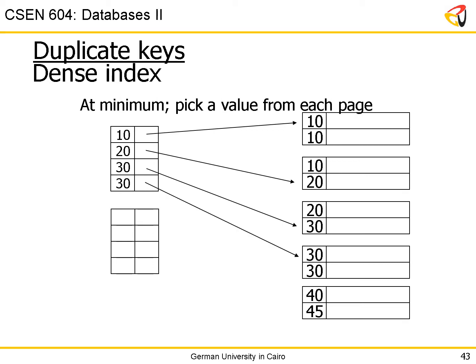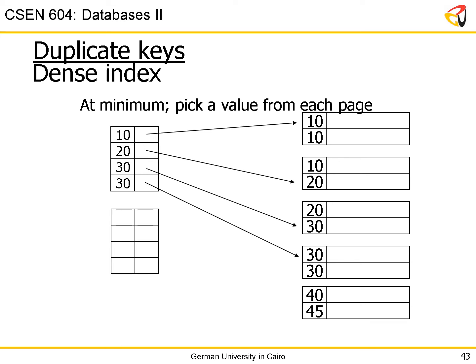So, to fix this, we're going to set a special rule that, yes, I'm going to point to the first entry that appears for every value, but I also want to make sure that I am pointing to a value in every page. So in this case, my primary dense index that I was trying to optimize will have a little bit more values, will have some duplicate values, because if the duplicates are spanning pages, like in the case of the 30, I have to point to an entry there to get access to that page.